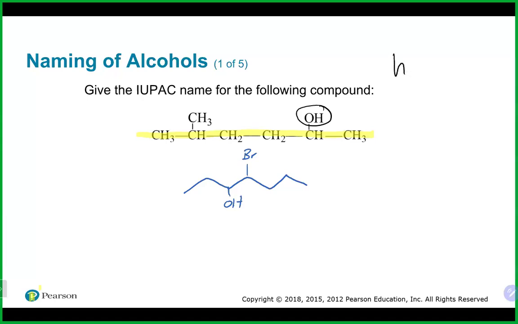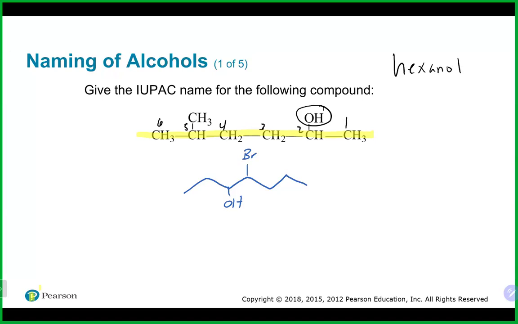It then needs to become hexanol, OL. Do I need to give the location of the OH group? I do. And you can probably see that numbering right to left in this case will do the job. 1, 2, 3, 4, 5, 6. If we numbered the other way, we'd be looking at carbon 5 for our OH, which is a larger number, so we always want the smaller.